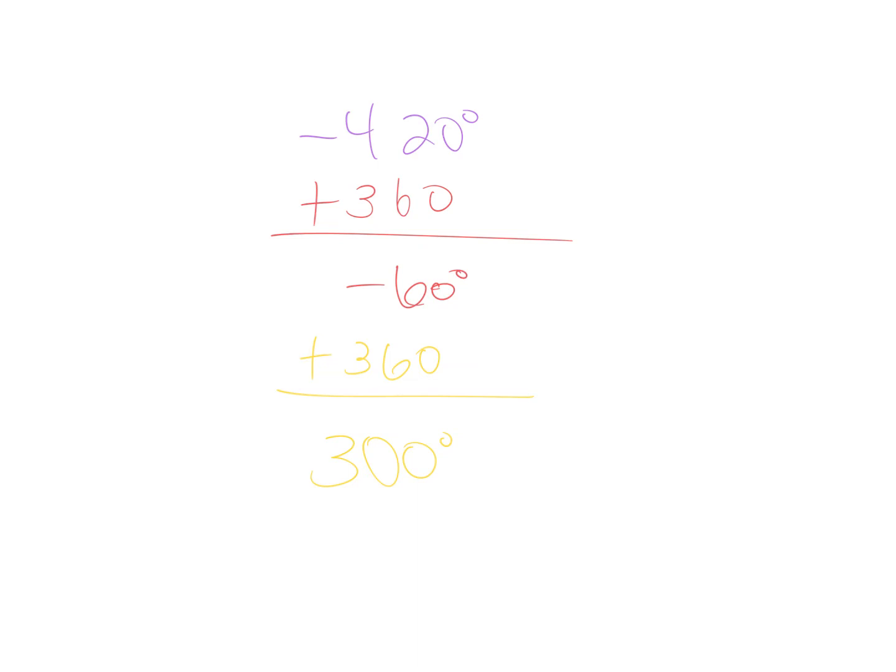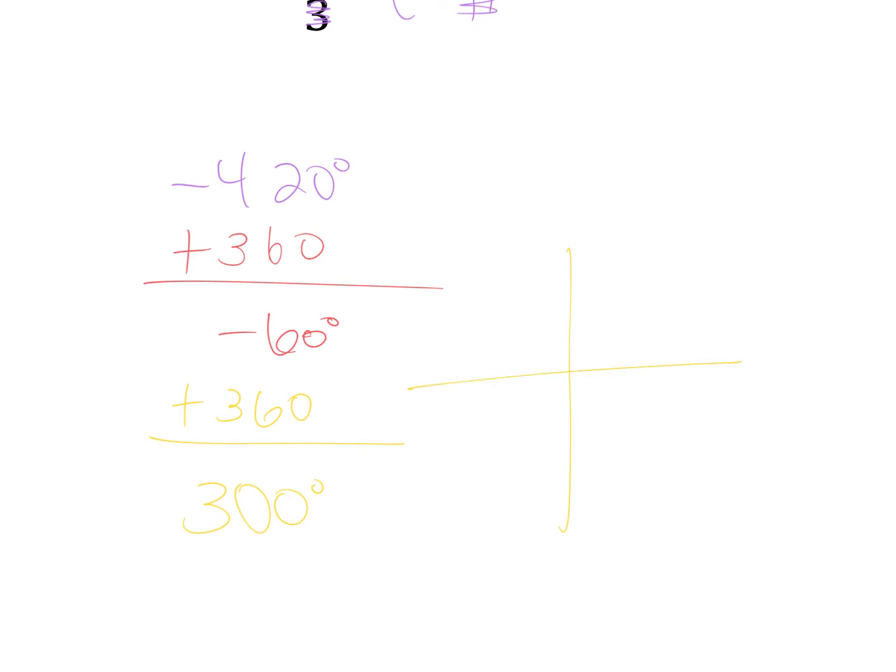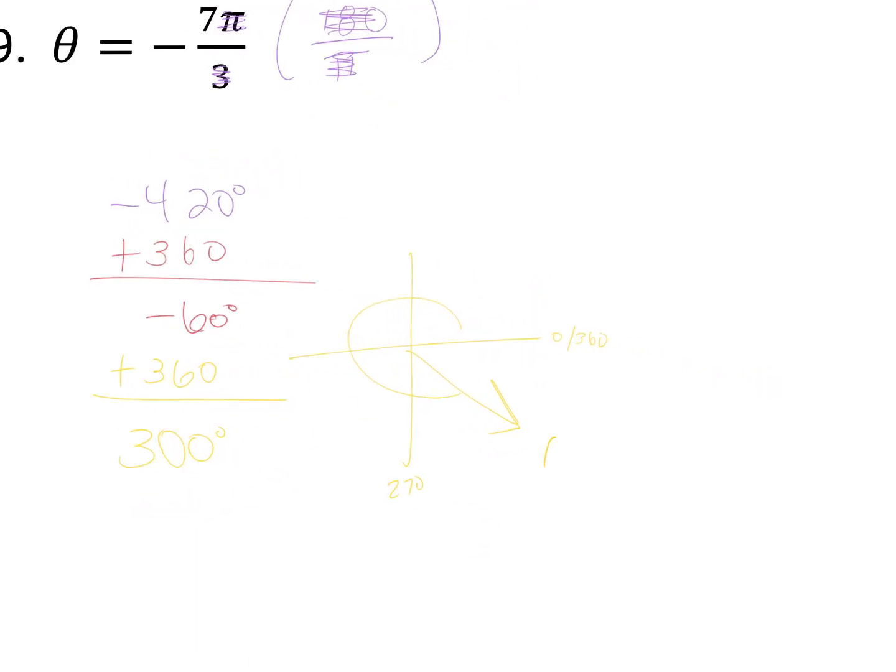Is that positive and acute? No. So now you're like, okay, wait. Oh, I remember what I have to do. All I did was find the angle that we're actually talking about. Where is 300? What quadrant? It's in quadrant 4. So what is the rule for Q4? Q4 is 360 minus the angle given.